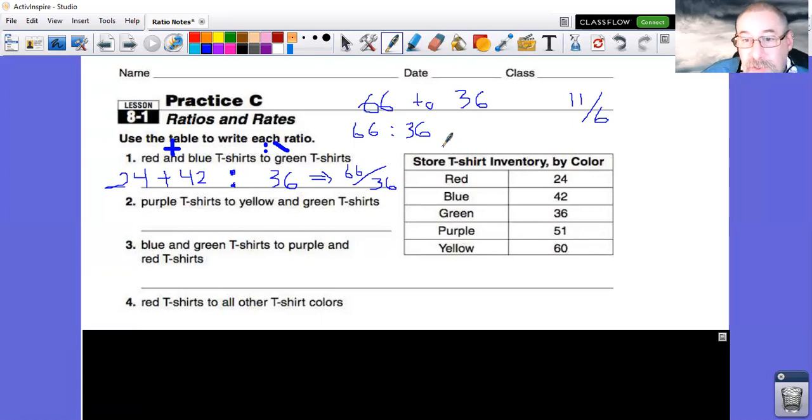Purple t-shirts to yellow t-shirts. So purple to, so that's going to be our fraction bar. Then put my fraction bar there. Yellow, there's my and, tells me that's a plus sign. All right, so purple 51 to my yellow 60 plus my green 36.